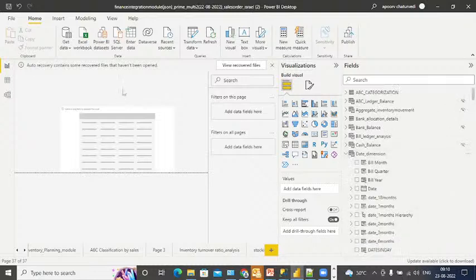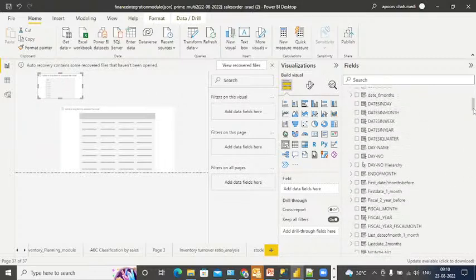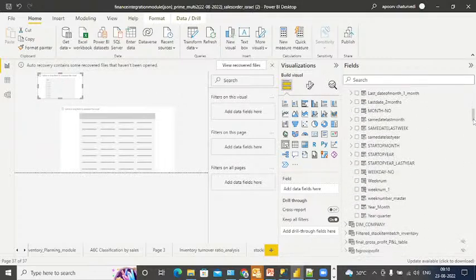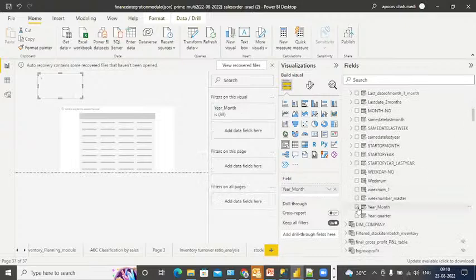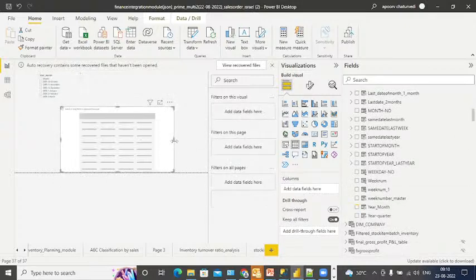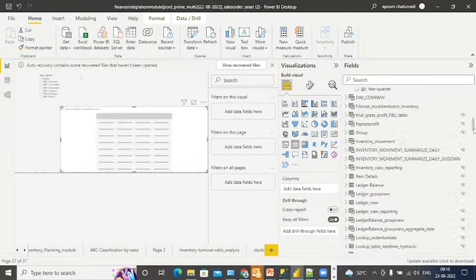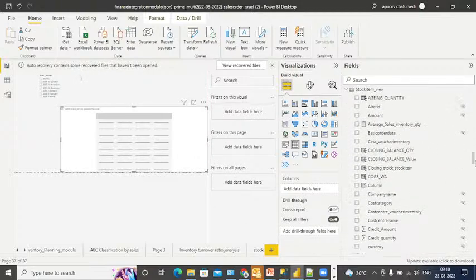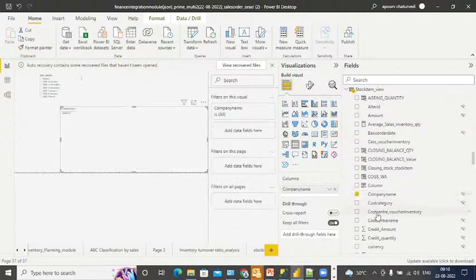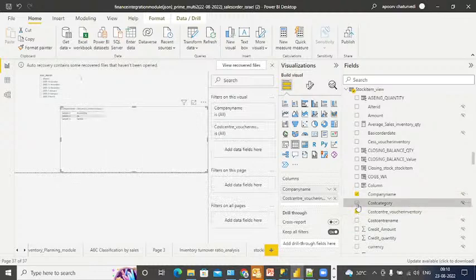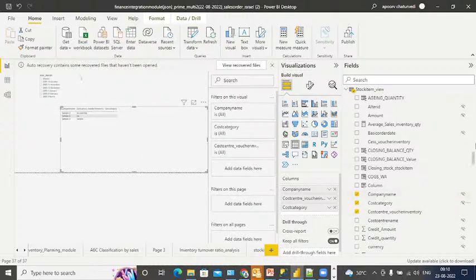in the date dimension, and here you go to the slicer, and suppose you can put it up as date or any of the date entities which you have. So I put up year and month, and then I start picking up whatever attributes I need the gross profit by, right? So I go here and I pick up company name, I can pick up cost center category, cost center name, and so forth.